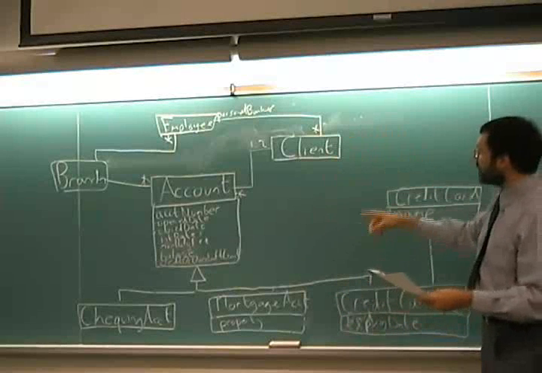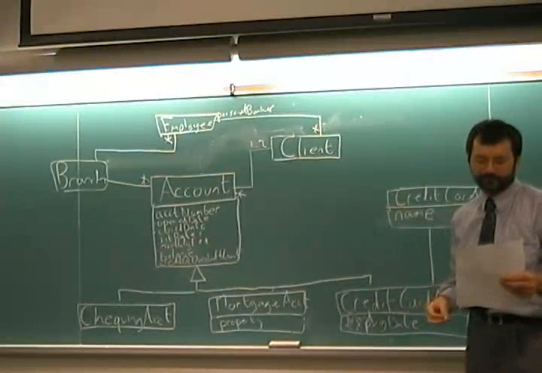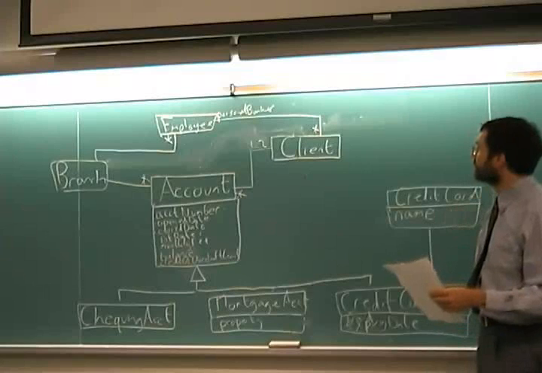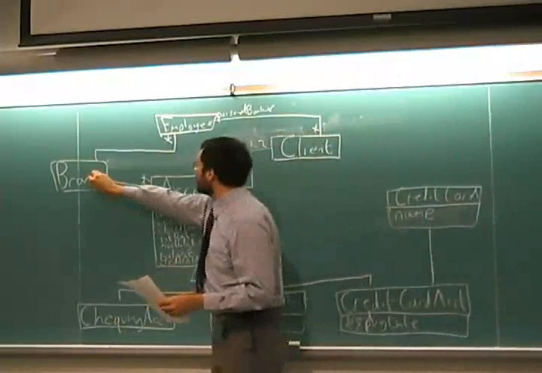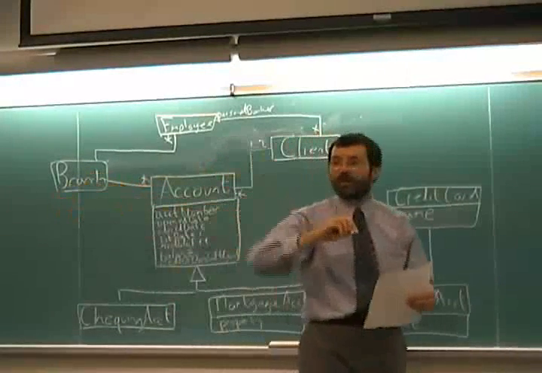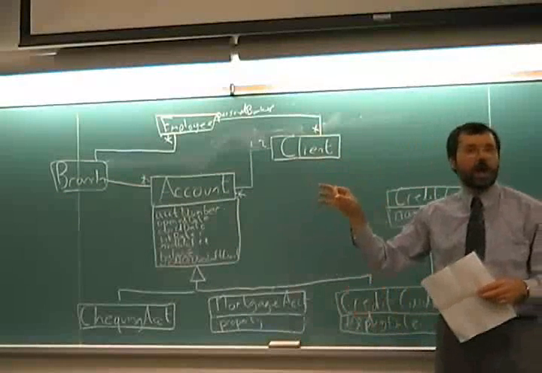So, any other information that we know associated with employees? I mean, remove the association between branch and account, just leave it between branch and client. No, I think an account is pretty fundamentally associated with a branch.